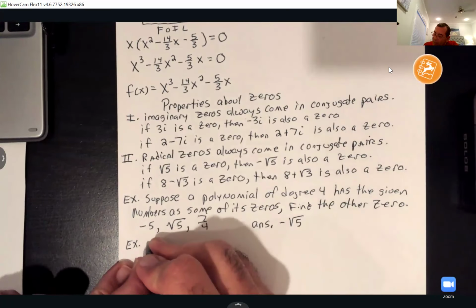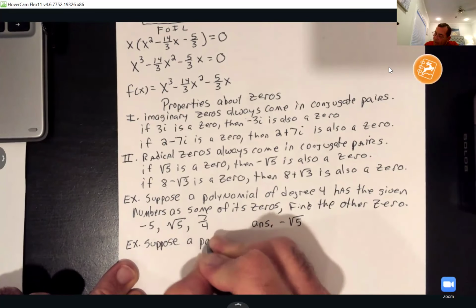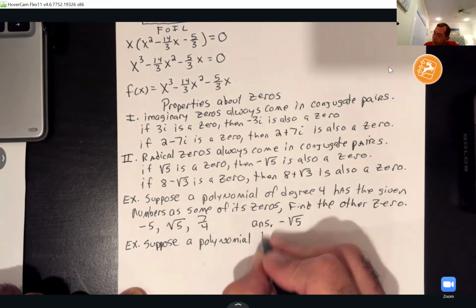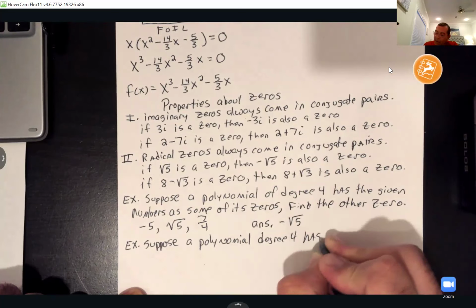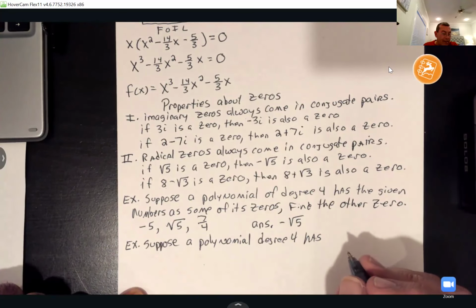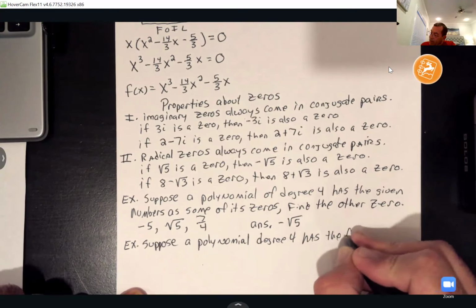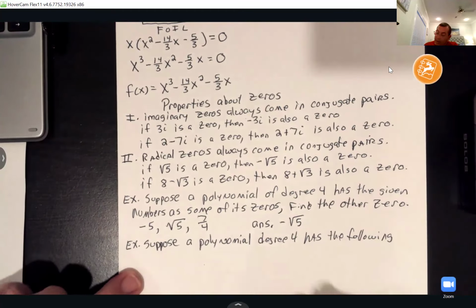All right, so suppose a polynomial degree 4 has the following zeros.